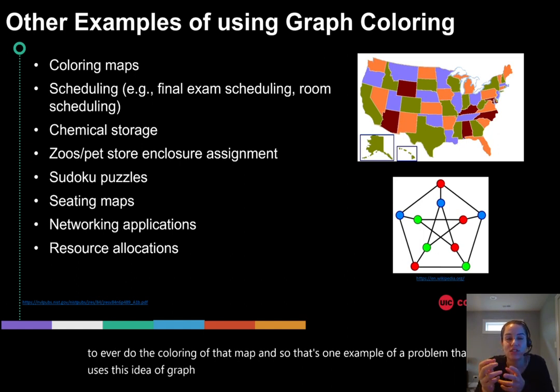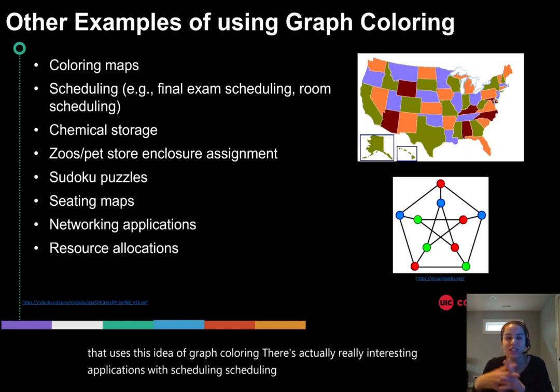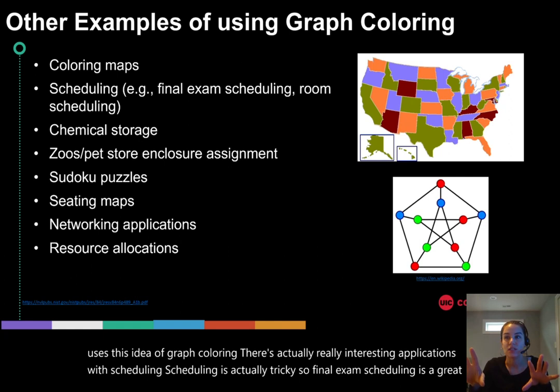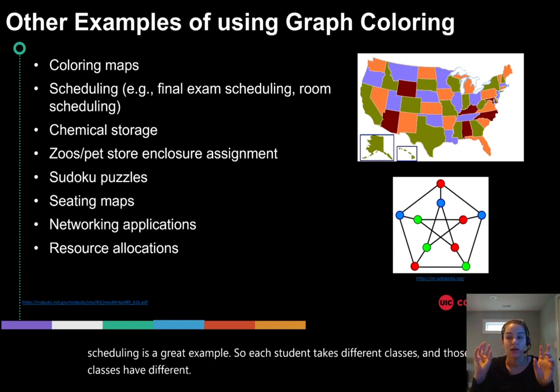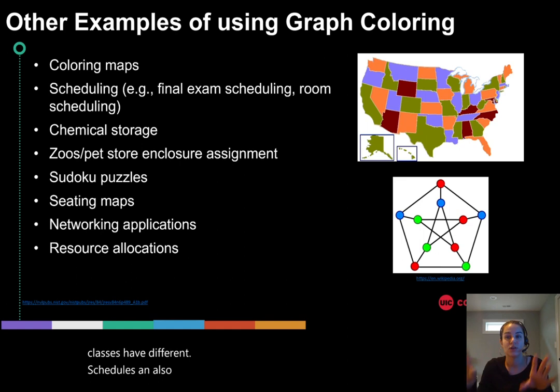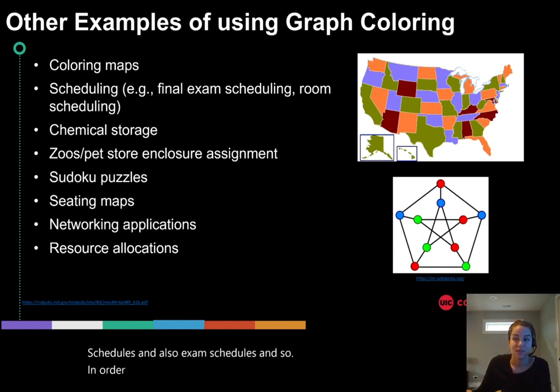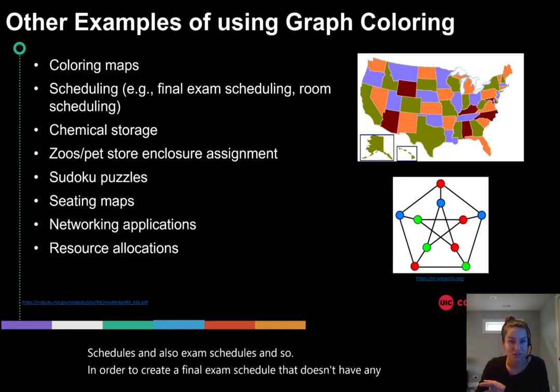There's actually really interesting applications with scheduling. Scheduling is actually tricky. So final exam scheduling is a great example. Each student takes different classes, and those classes have different schedules and also exam schedules. And so in order to create a final exam schedule that doesn't have any conflicts, it's actually a graph coloring problem.